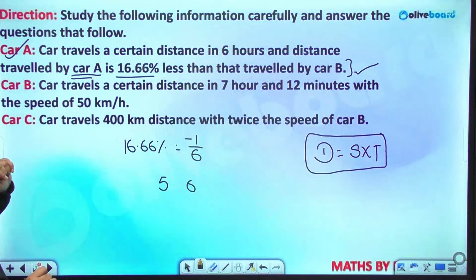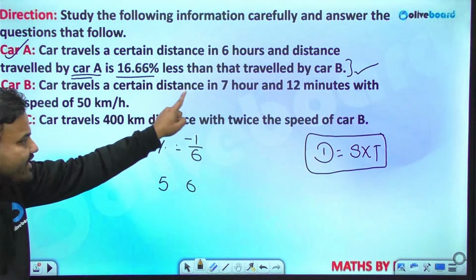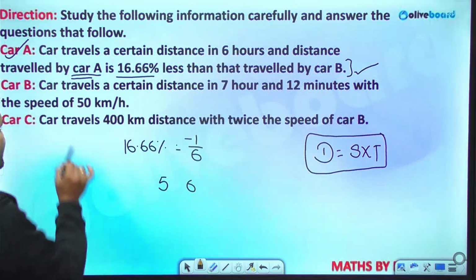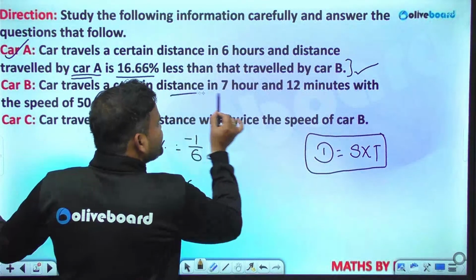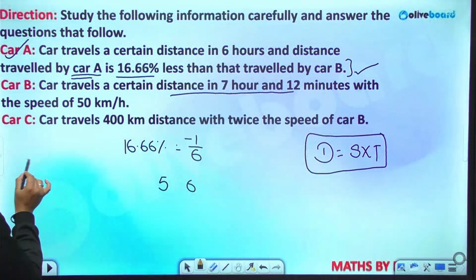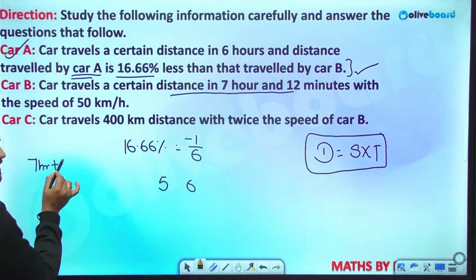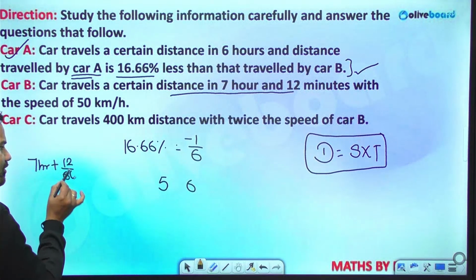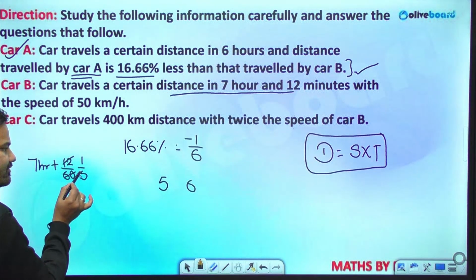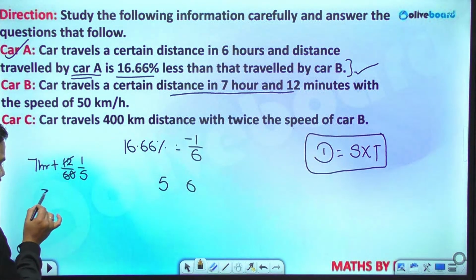Now coming to car B. Car B travels a certain distance in 7 hours 12 minutes. 7 hours, and what about 12 minutes? 12 minutes can be written as 12 by 60, which is basically 1 by 5. So we can say 36 by 5 hours.